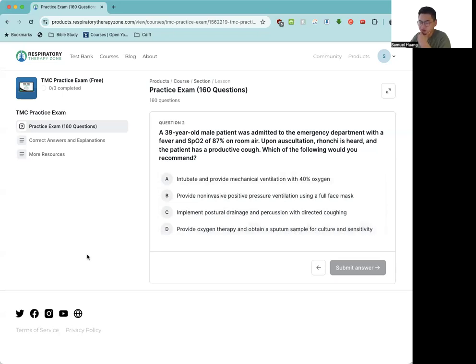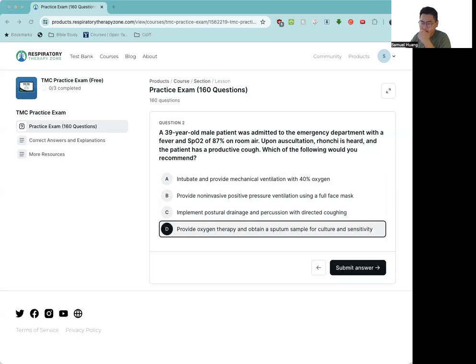If we're really going with the pneumonia here, that's most likely what we would do. That way we can get the ball rolling on what the bug is, and this probably means starting nasal cannula, which we would want to do to try to get the SpO2 back up to 92%.